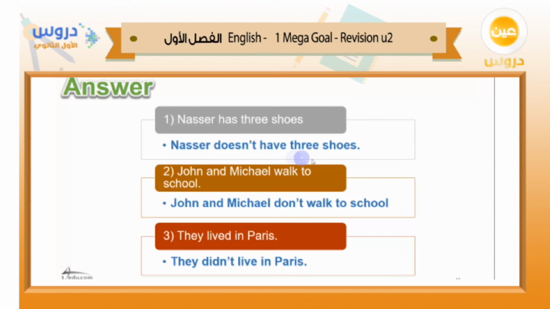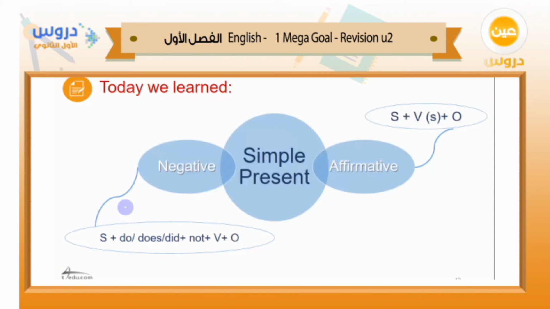Nasser doesn't have 3 shoes. We select doesn't because we are talking about one person. John and Michael walk to school. John and Michael don't walk to school. They lived in Paris. They did not live in Paris. Well done for those who got it right the first time.